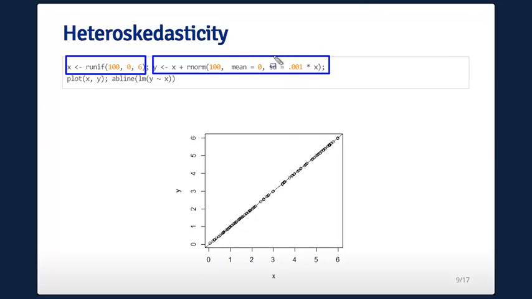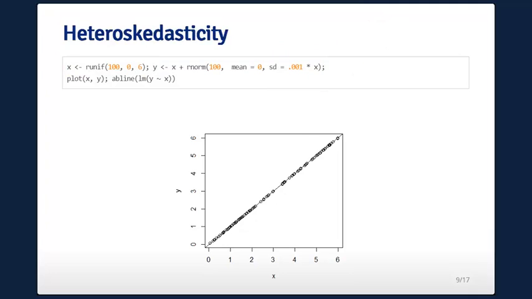But notice here my standard deviation of my normal actually depends on x, right? So that's called heteroscedasticity. One of the assumptions of our model is that sigma was constant.